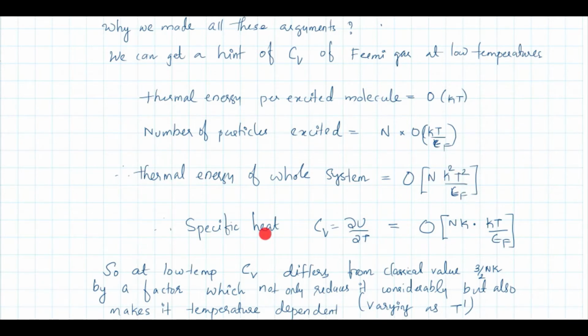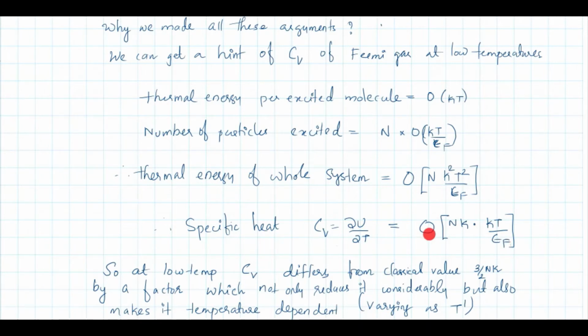Now the specific heat CV is dou U by dou T, that is the derivative with respect to temperature of this thermal energy. If you take the derivative, you can see that it is T square, so the derivative will be 2T. So this quantity will be something like Nk into kT by EF.